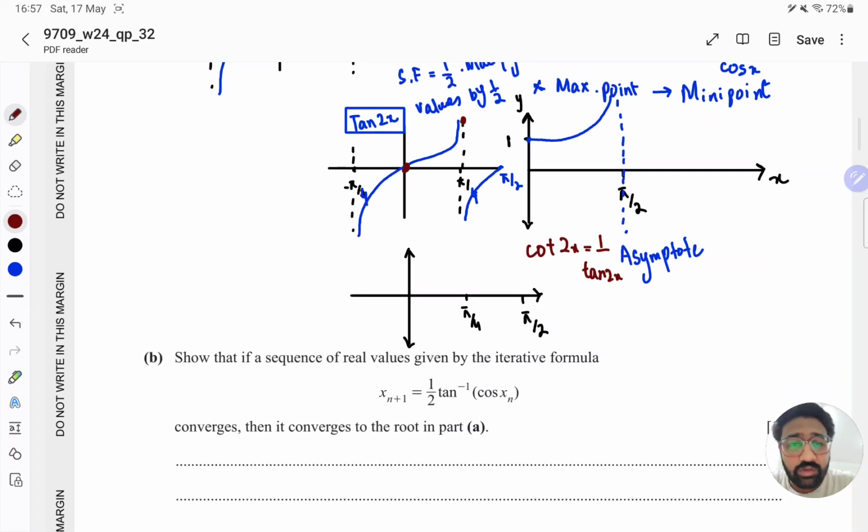So as tan approaches infinity, 1 by infinity will approach 0.